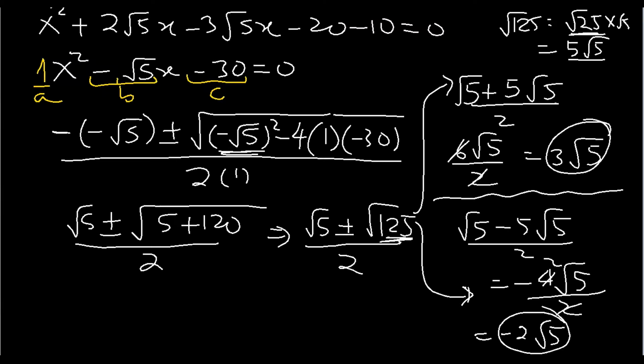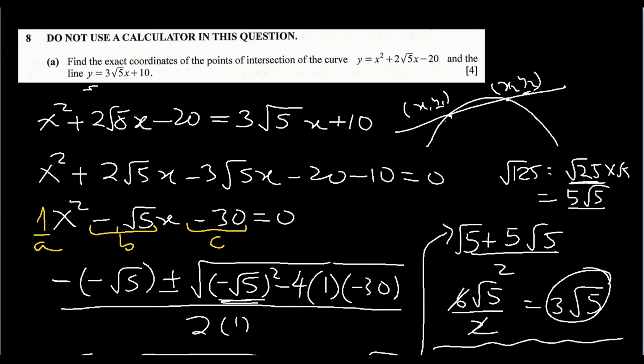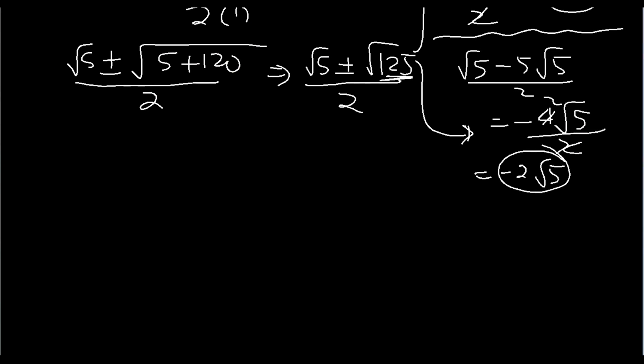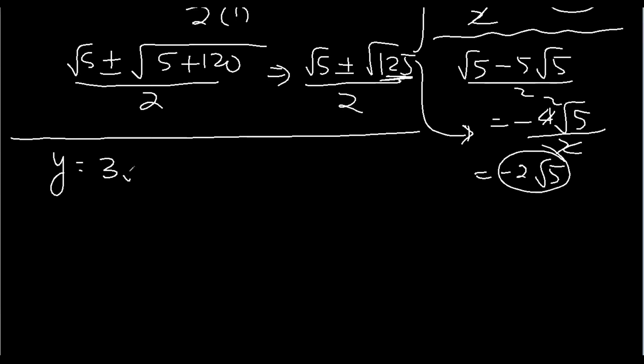Alright, but the question says find the exact coordinates. That means we have to find the y coordinate as well. Let me select the easier option, which is the line, to find the y coordinate. The line's equation was y equals 3 square root 5 x plus 10.